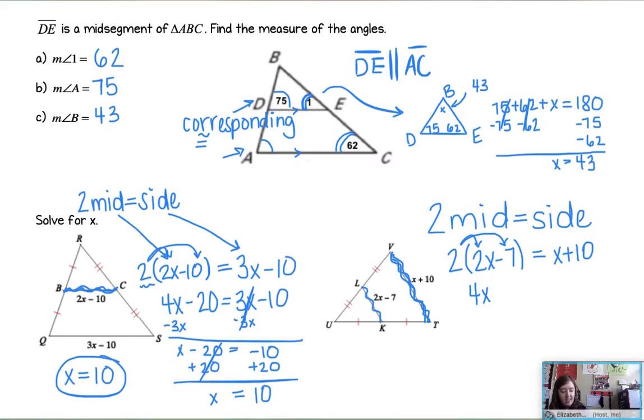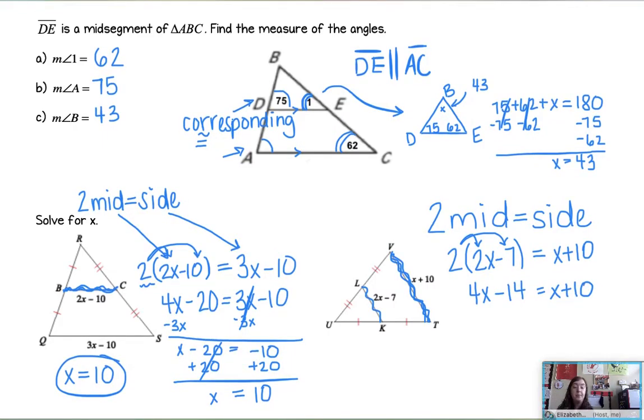I have a minus in the middle. 2 times 7 is 14. Then we have that equal sign, and we still have x plus 10 over on the right.